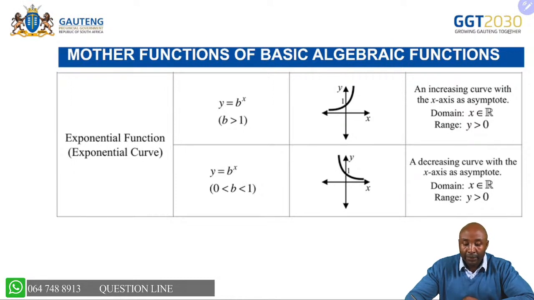And we will have our function having the curve that we are seeing there, and we call it an increasing function. The domain is from negative infinity to positive infinity, and for our range, we exclude the asymptote. It has to be y is greater than 0, as our graph will not have an x-intercept.